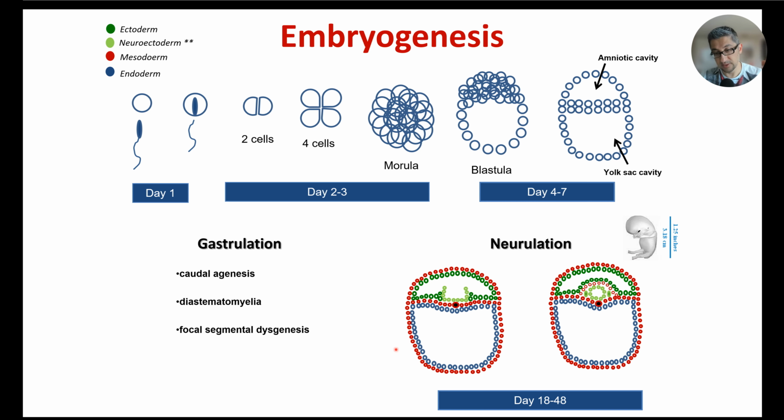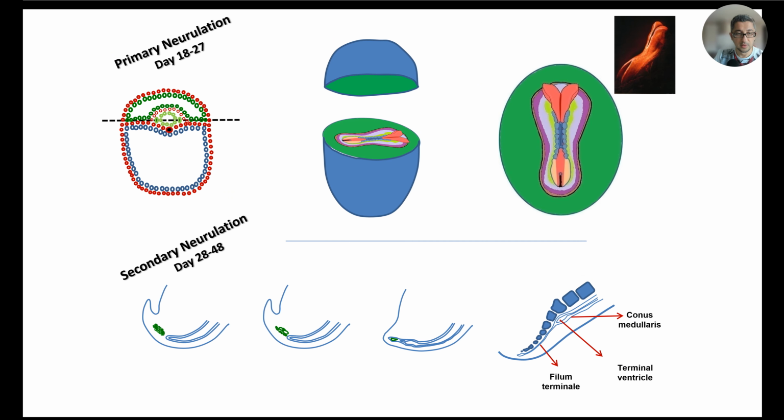And neurulation is actually where primarily the spinal cord is formed, and neurulation is therefore important, and we need to look at the neurulation in detail. It can be categorized as primary, taking place between 18 to 27 days, and secondary as 28 to 48 days. During the primary neurulation, the primary tube forms.